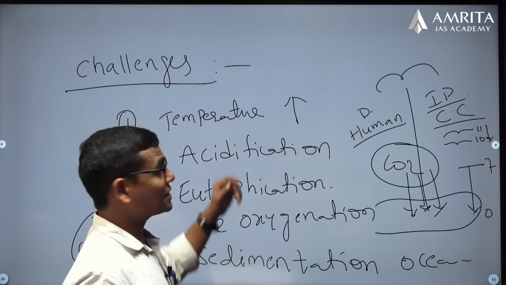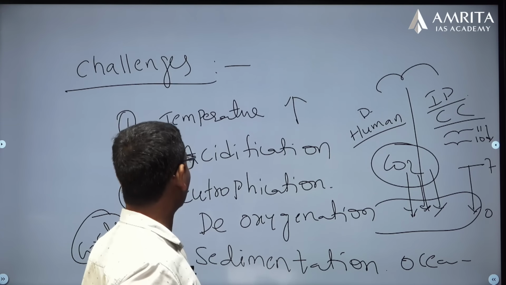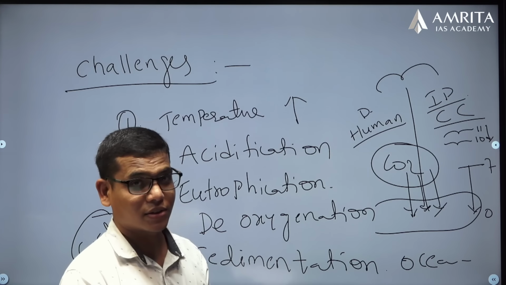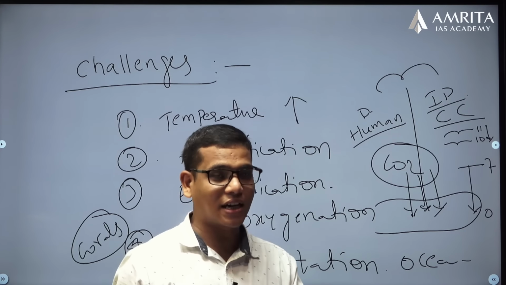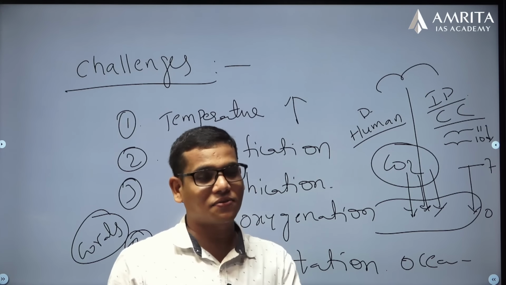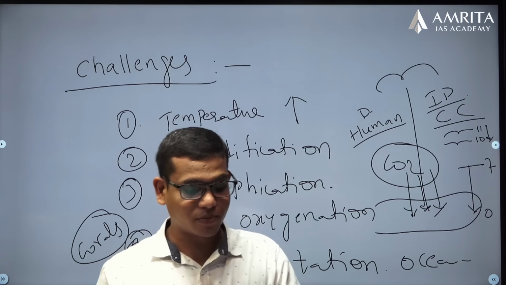When temperature increases, it will have its own effect on corals. When acidification happens, it will have an effect on the corals. Corals are one of the life forms present in the ocean along with other fish and marine life forms.